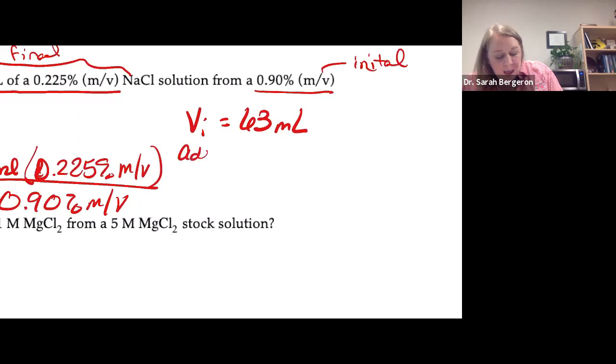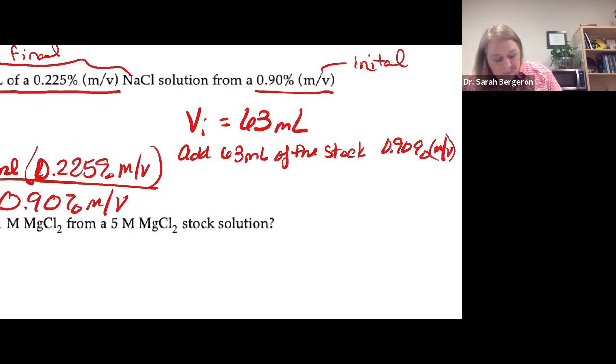So I'm going to add 63 milliliters of the stock, 0.90% mass by volume NaCl solution, to, now you want to bring it up to the final volume, which is 250 milliliters.